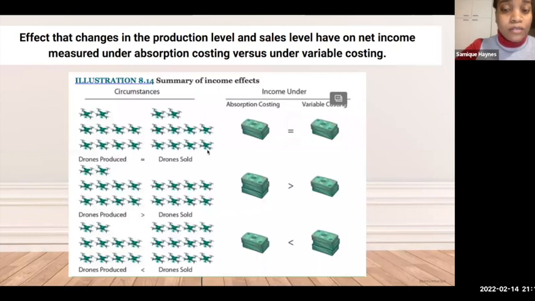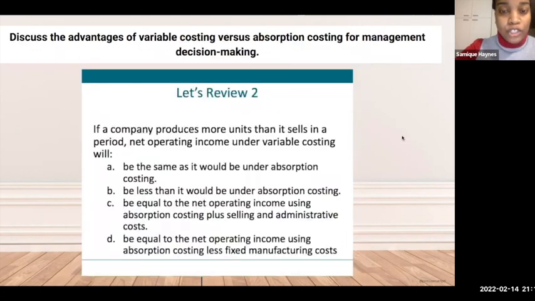If it's equal, it's the same income. If you produce more than you sold, absorption is more. If you produce less than you sold, variable costing is more. Just one person is good. You can rewatch the lecture again and you can get another taste of the information.